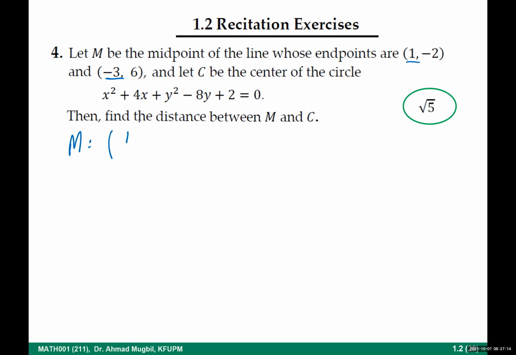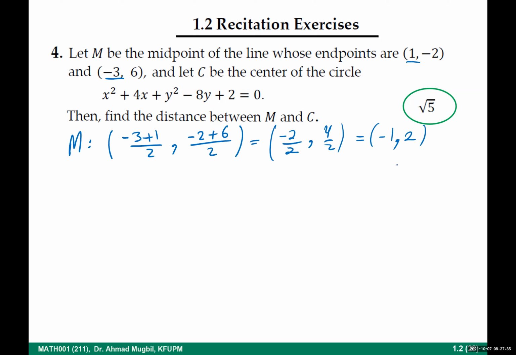So it is -3 plus 1 over 2 and 6 plus -2 over 2, because it is better to start with negative to avoid any mistake. The addition is commutative. So it equals -2 over 2 and 4 over 2, which is (-1, 2). So this is the midpoint M. We did find the midpoint. This part should be done because it is direct.